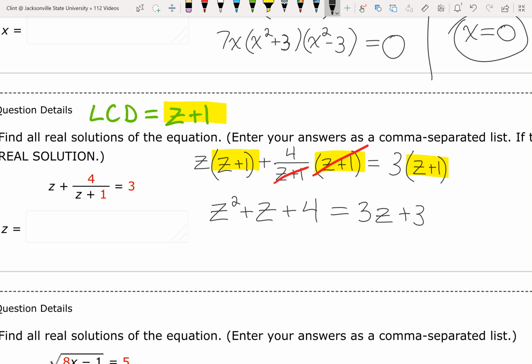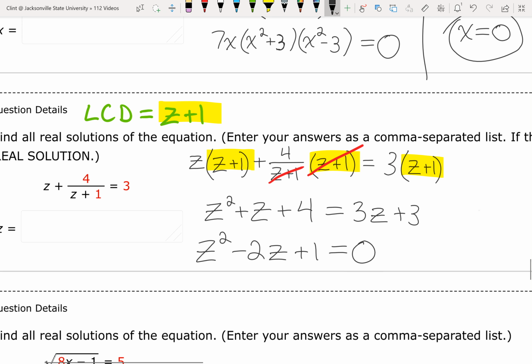We've got a z squared in here, so this looks like a quadratic equation, so I'm going to get everything on one side. Then I'm going to subtract 3z from both sides, so z minus 3z, negative 2z. And then I'm also going to subtract the 3 from both sides, so 4 minus 3 plus 1. Then we get our quadratic equation there.